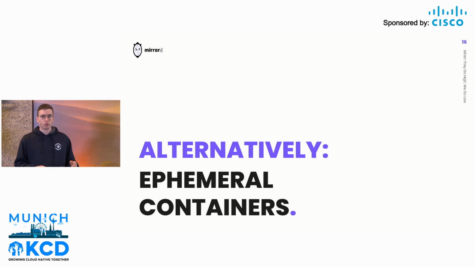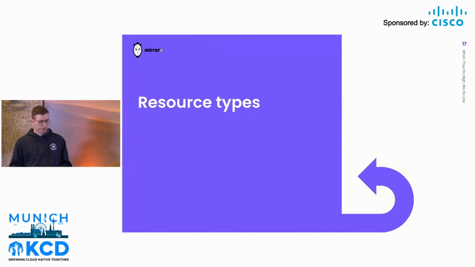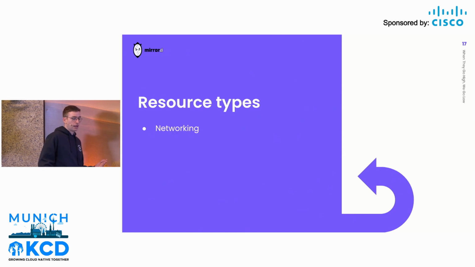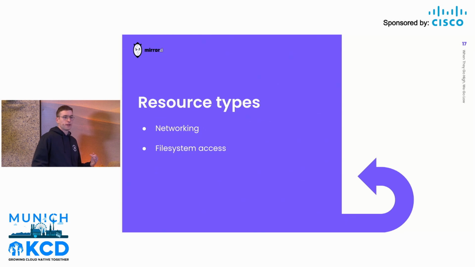And I think we'll probably move to make that the default at some point. OK, so when we talk about resources the application can access from the cluster, the main ones are network traffic, both starting connections and accepting incoming connections, and also DNS resolution. And then there is file system access, and environment variables.